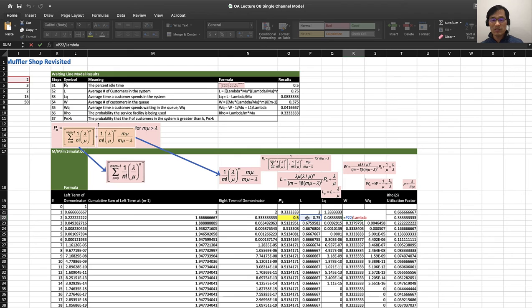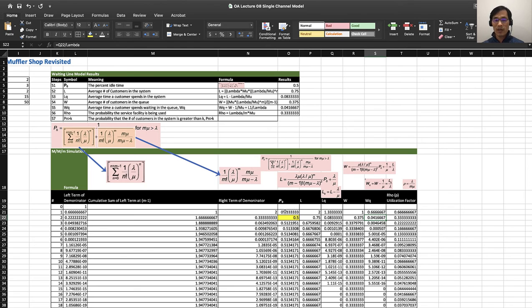So we have L over lambda that will give you the value. And then WQ is Q22 over lambda. So that's given here. LQ over lambda is given here. So LQ over lambda will give you the value.